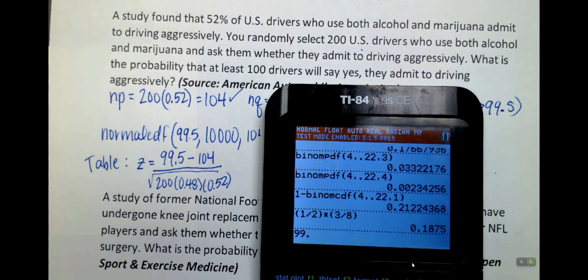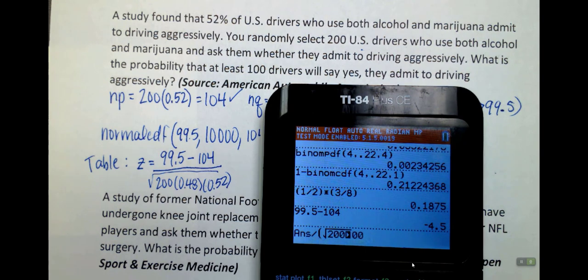So 99.5 minus 104. I'm doing the top divided by parentheses. You can't put it in all at one time again, remember. But I'm going to do separate ones because that's the safe way to do this. It's going to be 200. Actually, I forgot my square root.